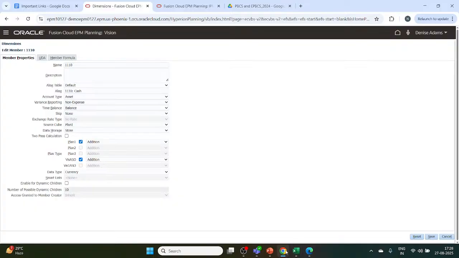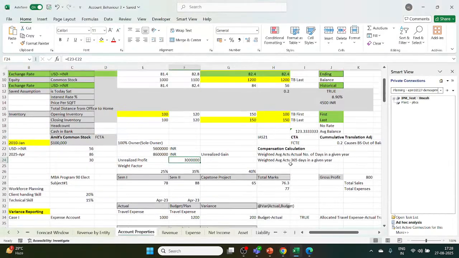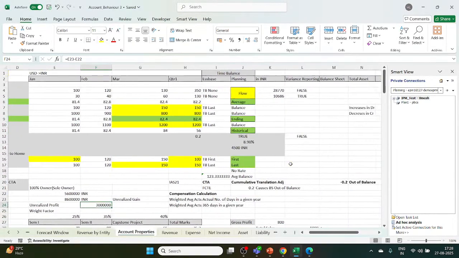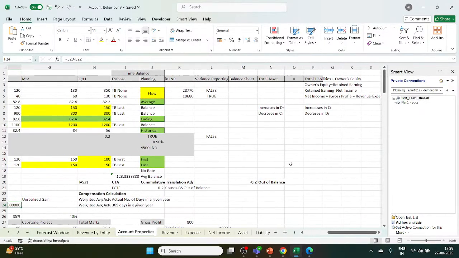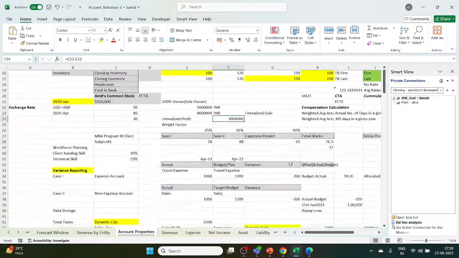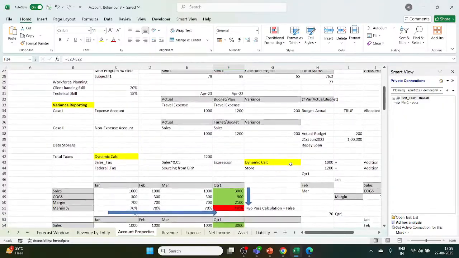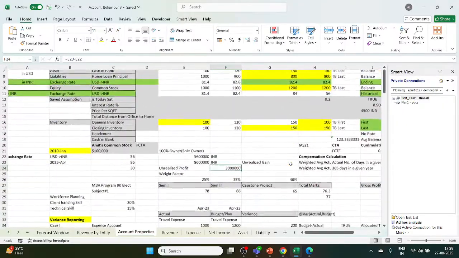In the member of a dimension, that is what we use the data storage property for. So we can see the data storage property here.